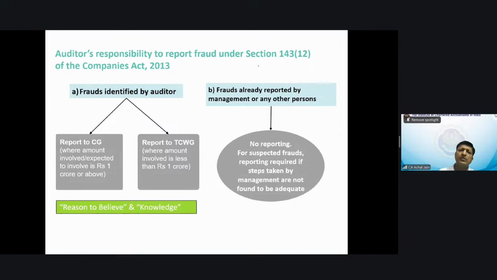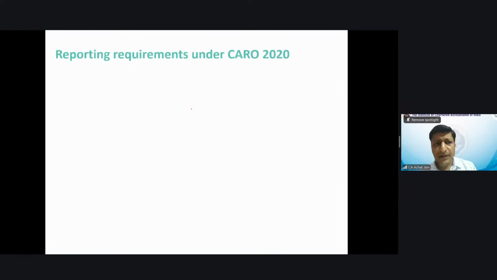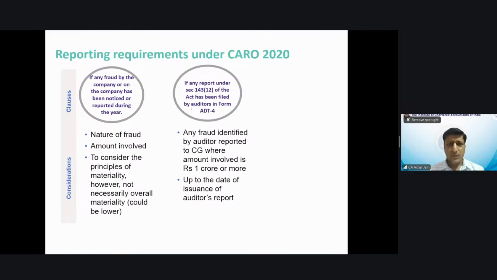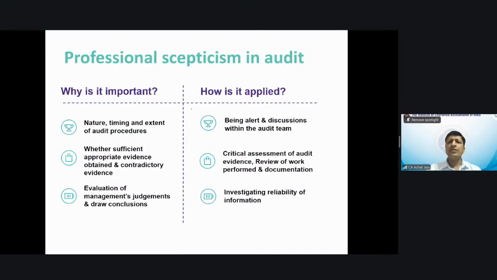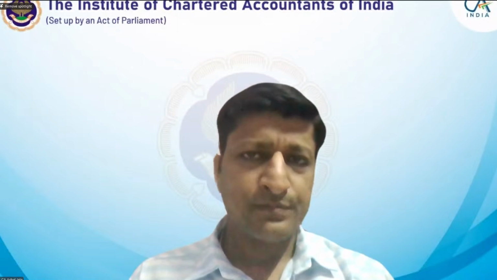And when you talk about reporting, this reporting is not really linked only to the frauds which are identified. What if that is suspected? At least TCWG communication becomes important. Even if you are getting into the evaluation, this communication with TCWG is again a very, very important consideration. Yes or no? So these are some of the things which the auditor will have to get into.